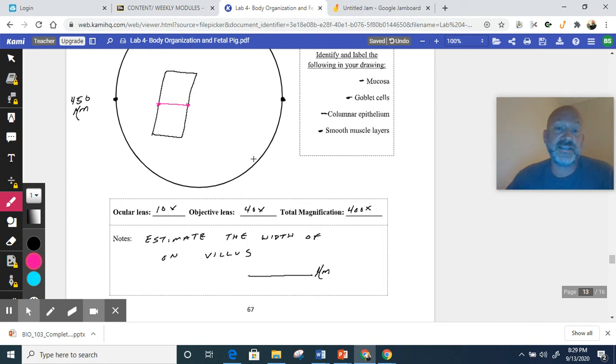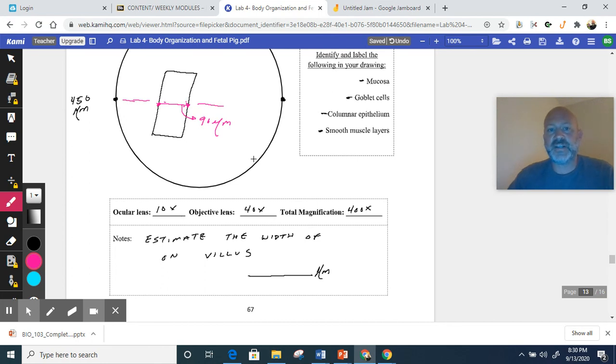And it's just an estimate, right? So I would predict I could do like maybe 1 across, 2, 3, 4. Let's say I say 5. Well, if I think I could fit 5 of these going all the way across, well, then the estimated width would be 450 divided by 5. 450 divided by 5 would be 90 micrometers. That would be the width of this.